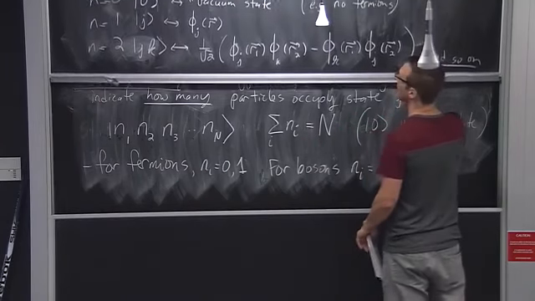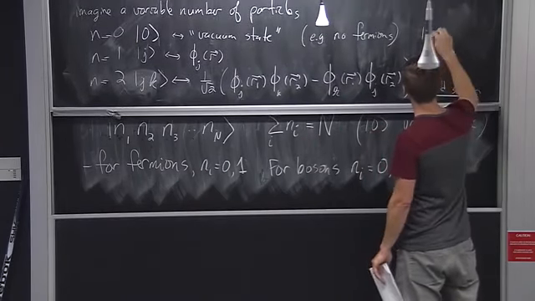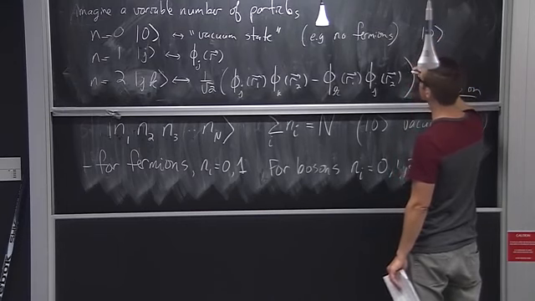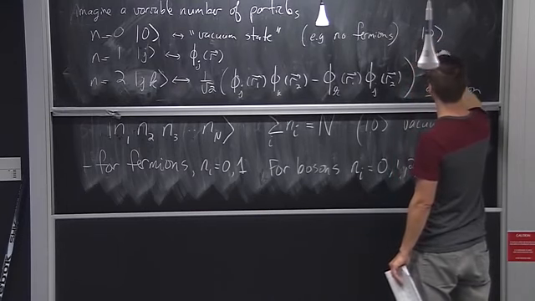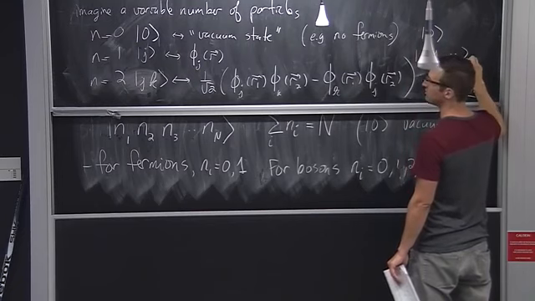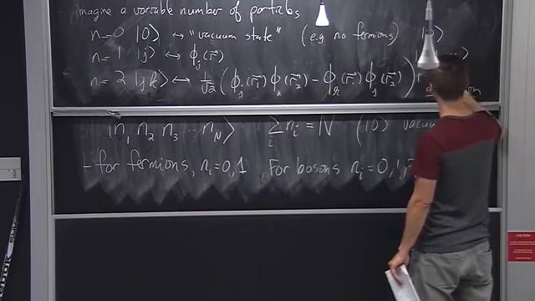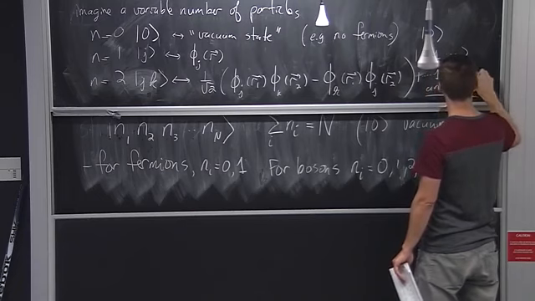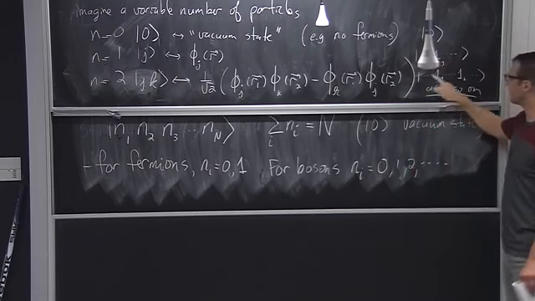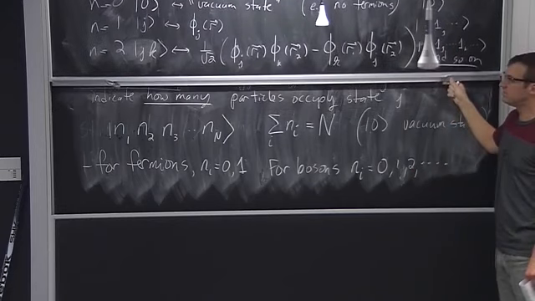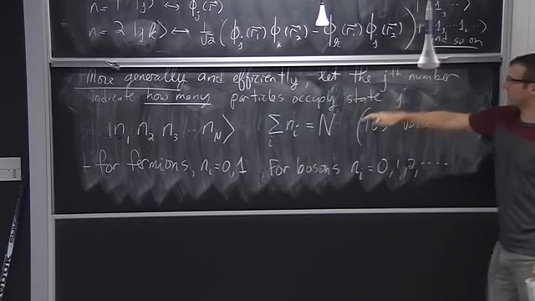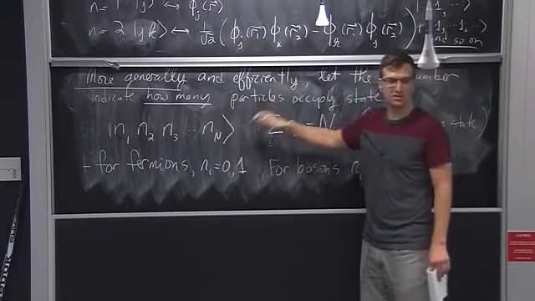How would you write the equivalent notation for that one? So this would be, 0 would be the vacuum state. This would be 1 particle in some state J, and this would be 1 particle in state J and 1 particle in state K, like that. And everything else is 0. That's the second quantized notation.